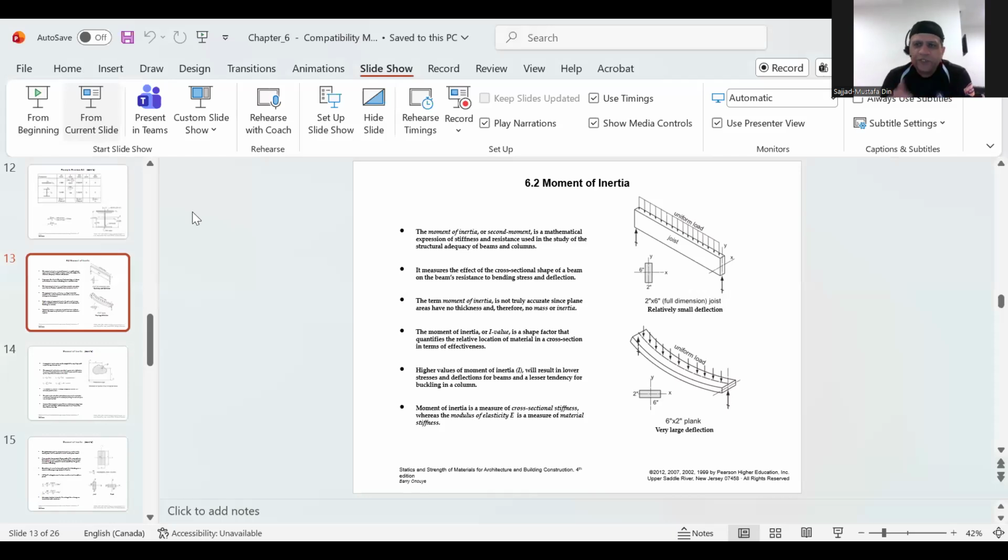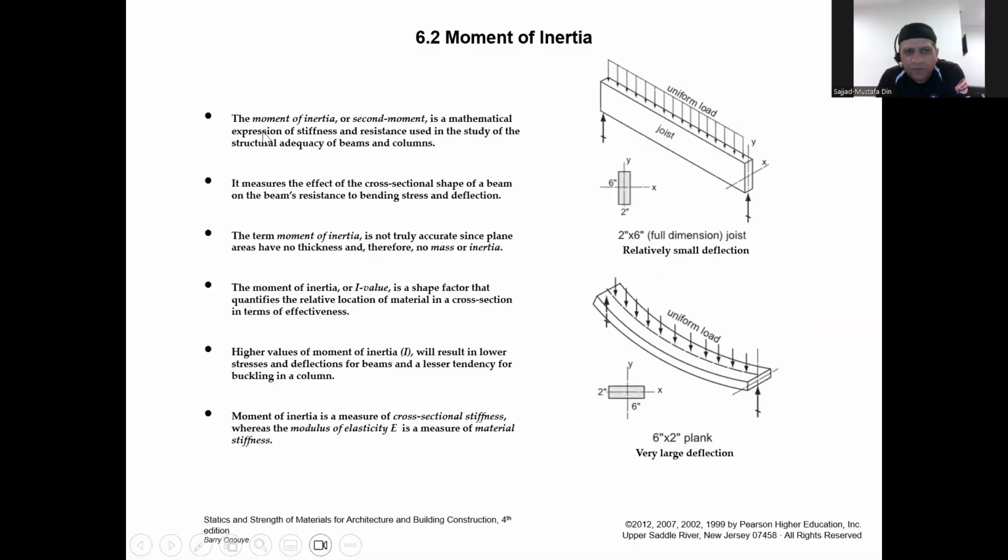So you can see these notes that are posted for you that the moment of inertia, or the second moment, and in our case, we're just going to focus on the area moment of inertia, is the resistance and stiffness in a column to a load, right? The term is not really accurate because we're not really looking at mass or inertia, but it's basically the resistance in terms of the I value.